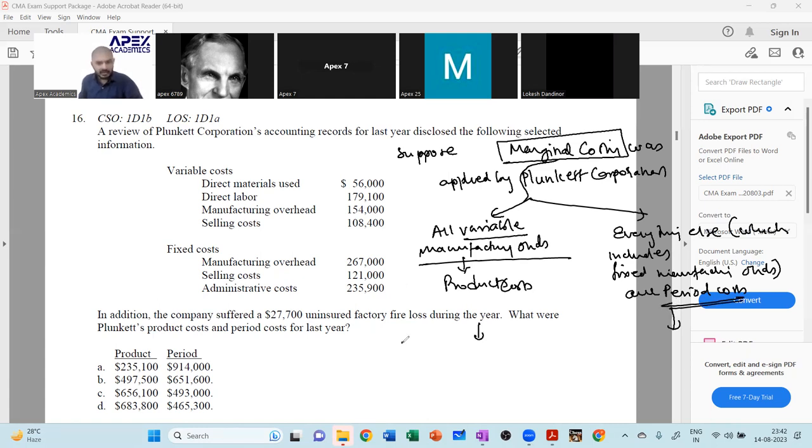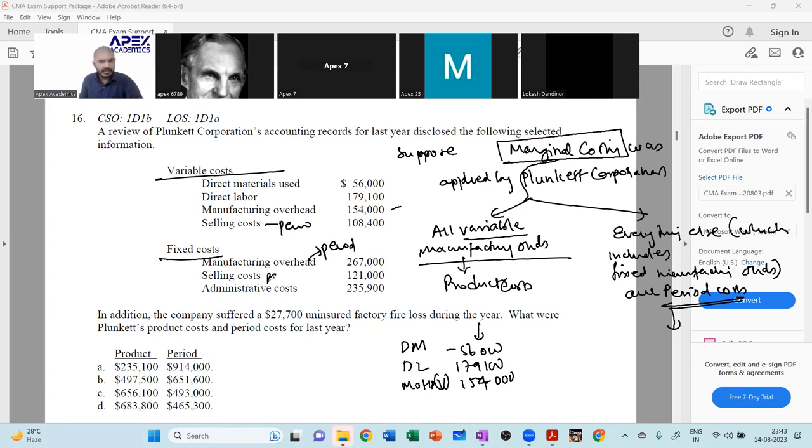So direct material 56,000, product. Direct labor 179,100, product. Manufacturing overhead variable, 154, product. What about this? It is fixed, so it will go to period. It is selling, it will go to period. Everything else is period.